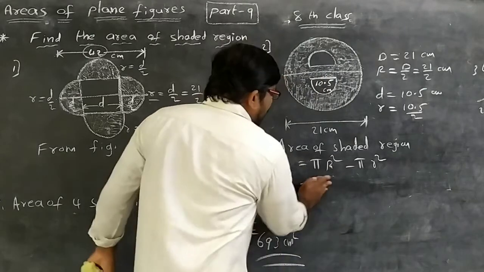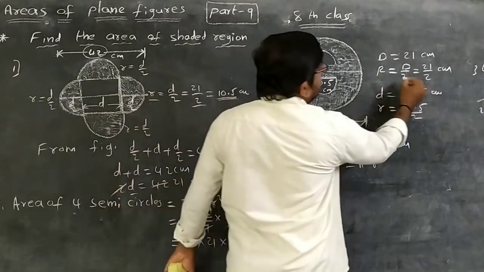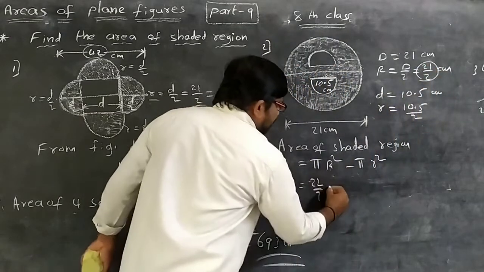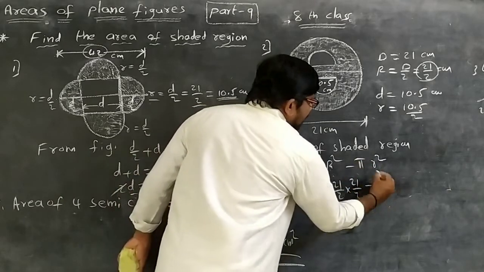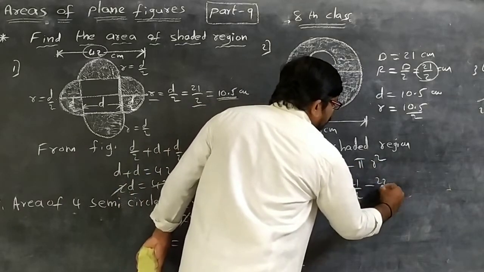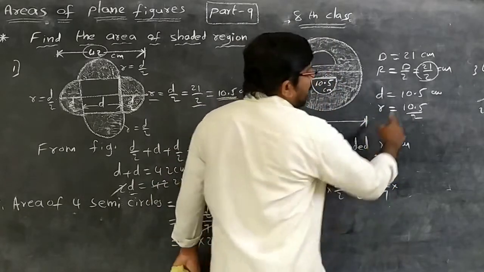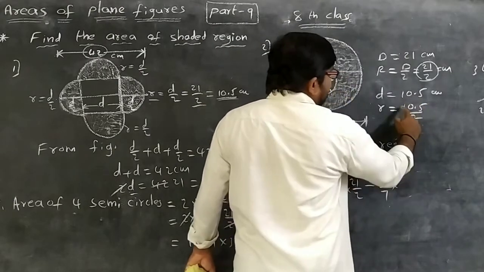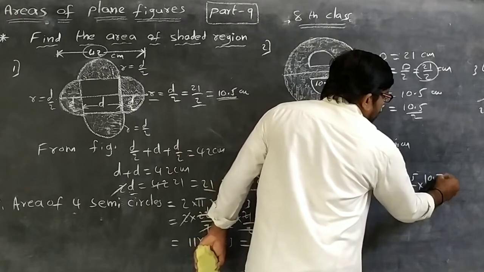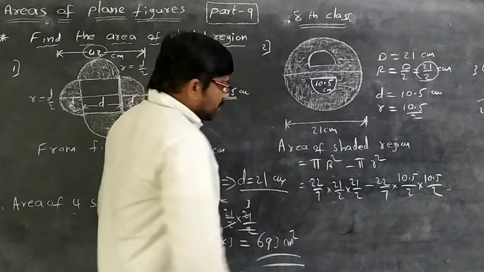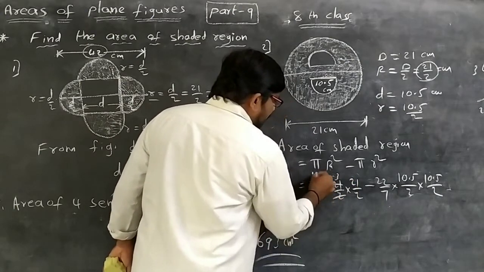We can do it like this also, directly. So pi R square: pi means 22 by 7, capital R square, capital R is 21 by 2, raised to the power 2, 21 by 2 into 21 by 2, right? Minus pi small r square, 22 by 7 into small r square. Here small r is 10.5 by 2, squared, 10.5 by 2 into 10.5 by 2, right? So here 7 ones, 7 3's cancel, 2 ones, 2 11's, right?